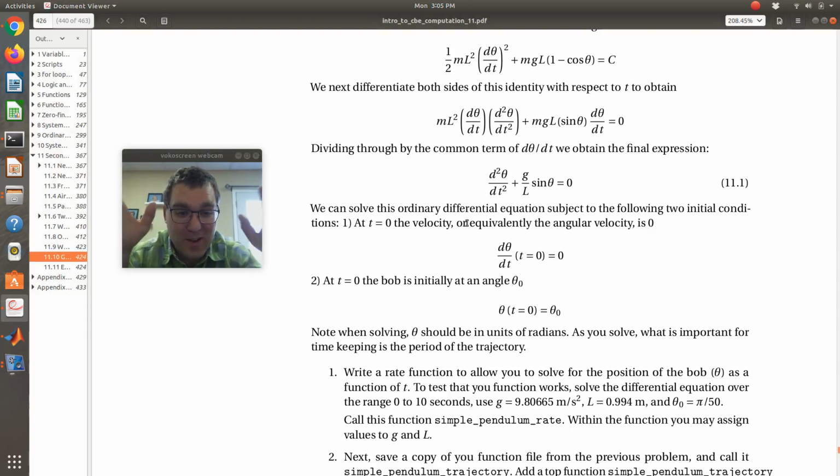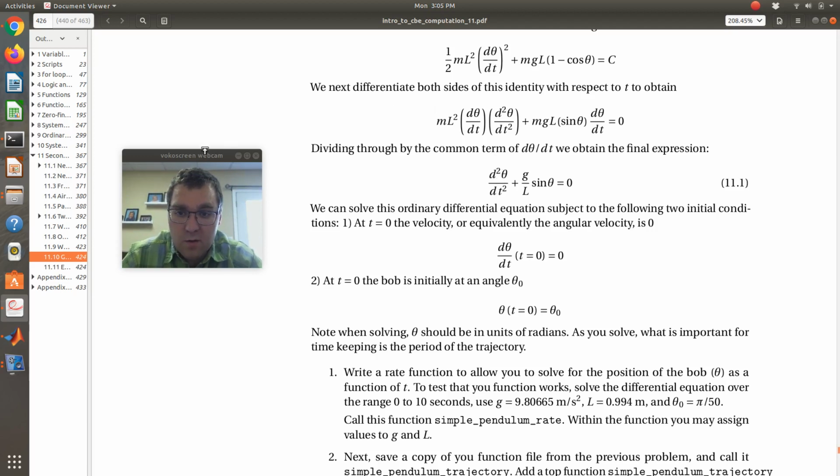So I'd introduce an intermediate variable so that v is by definition d theta dt. So diffie q1 would be d theta dt is equal to v, diffie q2 would be dv dt plus g over L sine theta is equal to 0, right? Because dv dt is equivalent to d squared theta dt squared. So you have a system of two first order diffie q's.